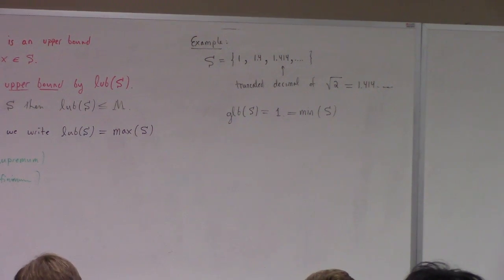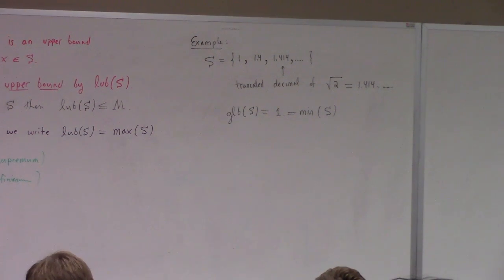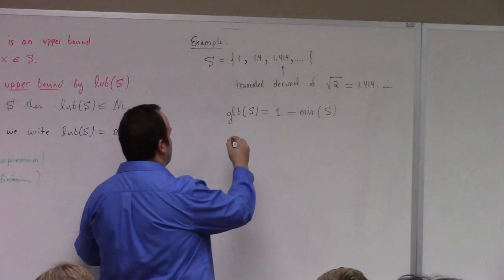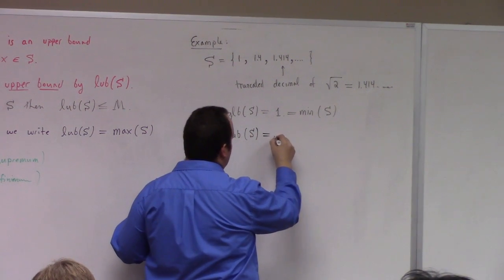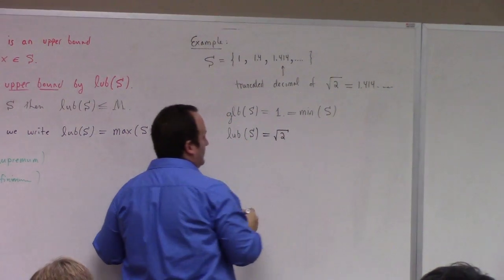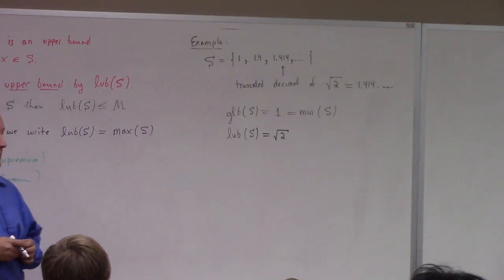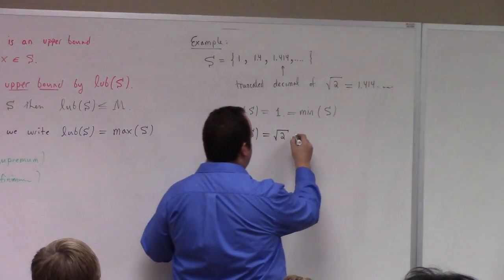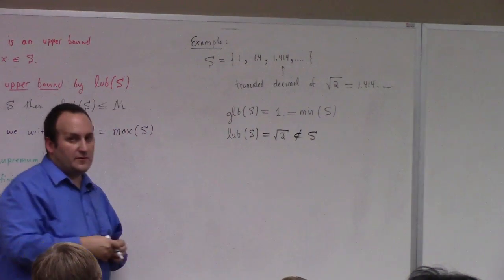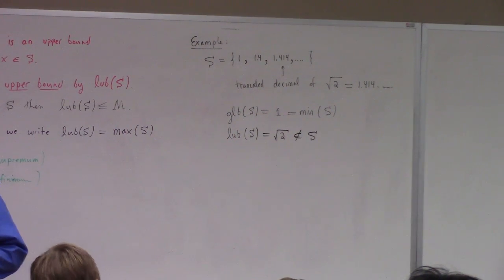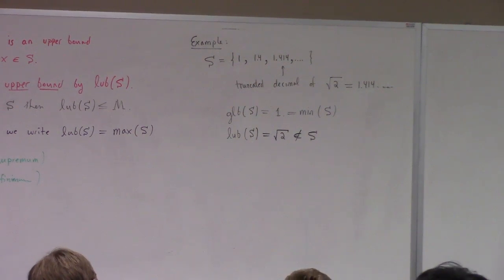What is the least upper bound of S? The least upper bound of S, or the supremum if you like, is the square root of 2. Now that is, of course, not an element of S. No matter how far you go, you never get to the square root of 2. You get closer and closer, but you don't get there.